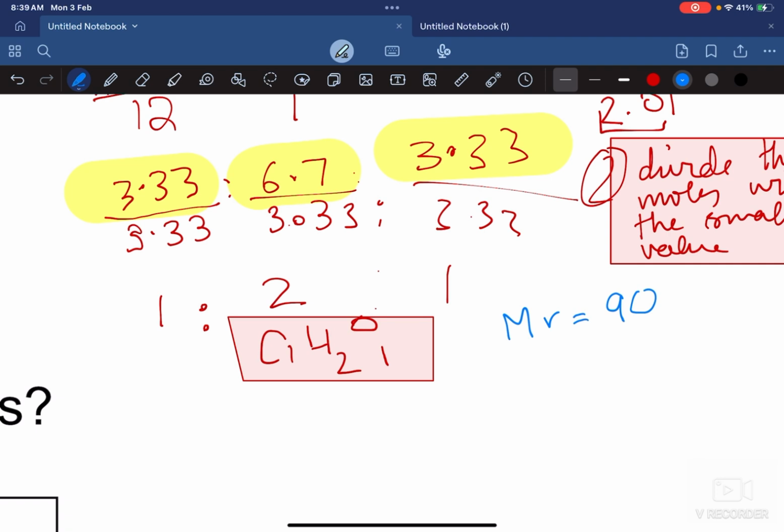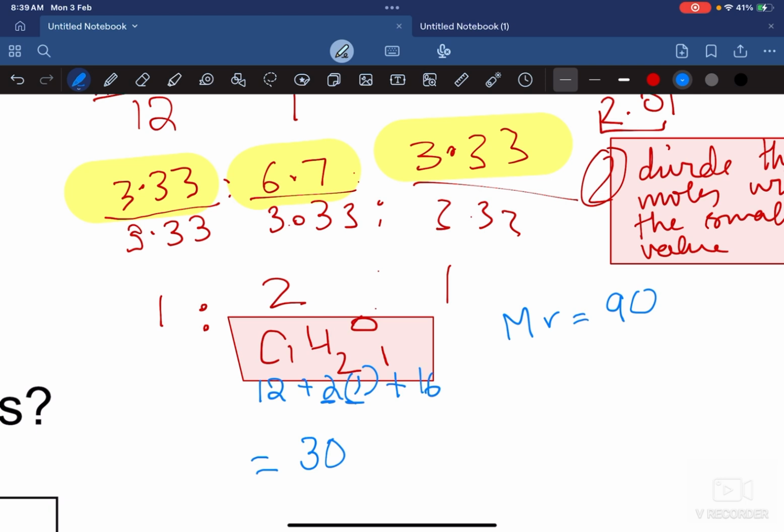That is what it means to have an MR of 90. Now let's check कि हमारा कितना आ रहा है. कार्बन देखें, हमारे पास तो एक कार्बन है, हमारे एम्पिरिकल फार्मूला का कितना आ रहा है. एक कार्बन हमारे पास 12 है, हाइड्रोजन 2 है, तो 2 टाइम्स 1, ये 2 हाइड्रोजन का है, प्लस ऑक्सीजन जो कि है 16. Just get this done and work out the empirical formula mass. 12 plus 2 plus 16, and that's going to give you 30.